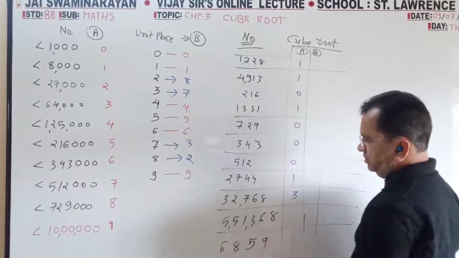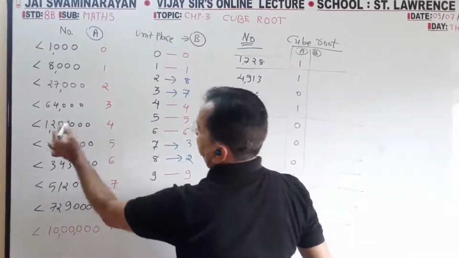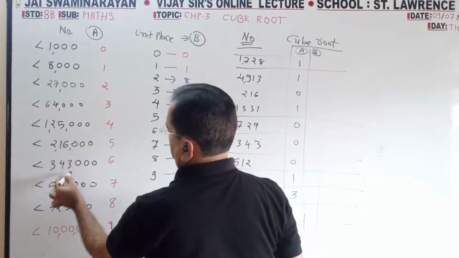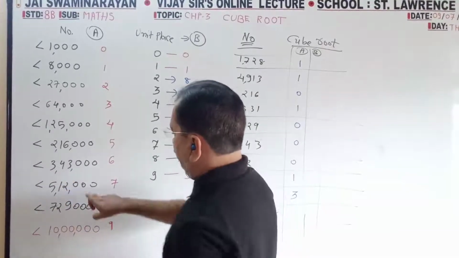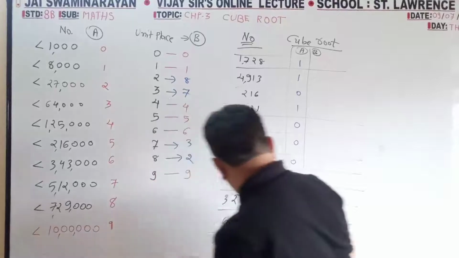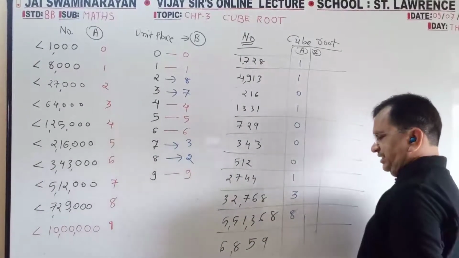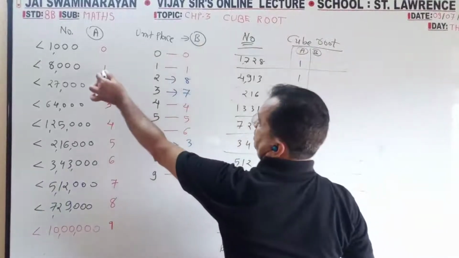Now 5,51,000. 5,12,000, 5,51,000 comes in this, so it is 8. 6,000 is less than this, so 1.